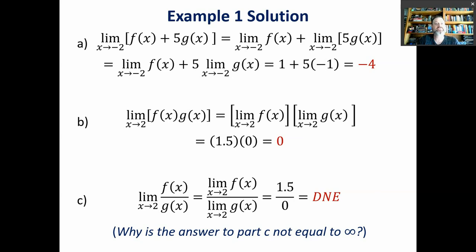Vertical asymptotes have limits of infinity. But it could be minus infinity as well. Remember, there's two kinds of infinities that we look at. If this calculation gave me a positive infinity, I would have written down positive infinity.